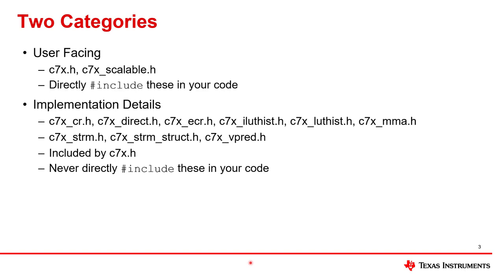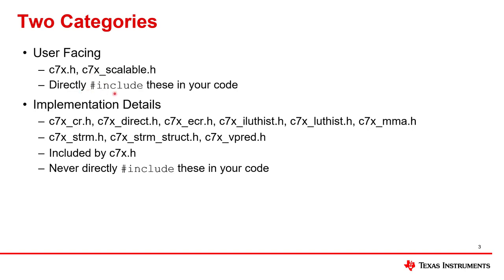For this video, I have separated the C7X header files into two categories. I call the categories user-facing and implementation details. As for the user-facing header files, there are two of them. Their names are c7x.h and c7x_scalable.h.